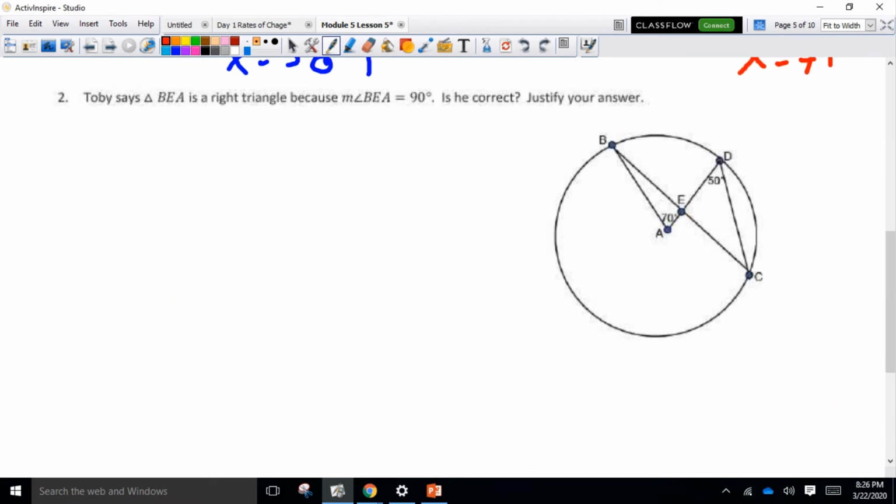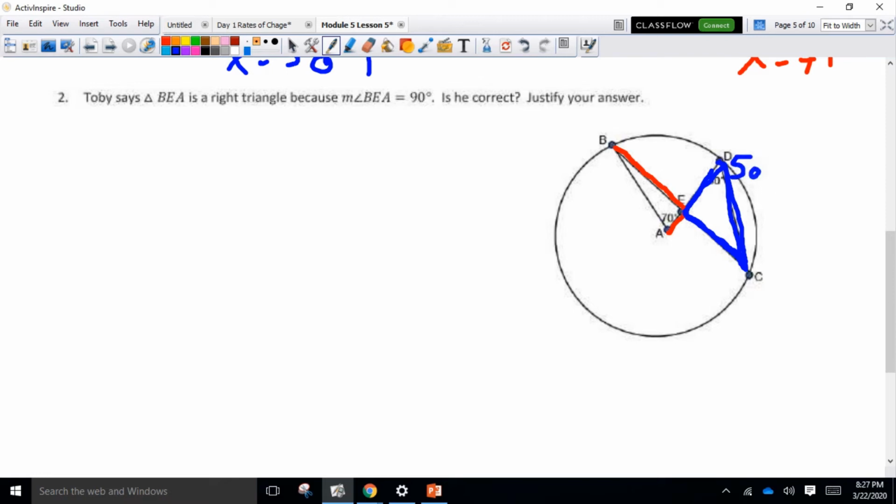Okay. Next one. Toby says that angle BEA, this one right here, is 90 degrees. Is he correct? Justify your answer. So to figure out what BEA is, I'm actually going to figure out what BEC is. We're going to use this blue triangle to figure out what that one is. This up here was 50.